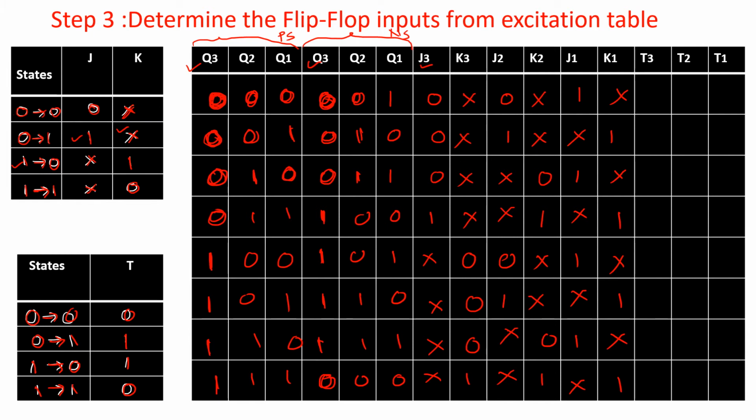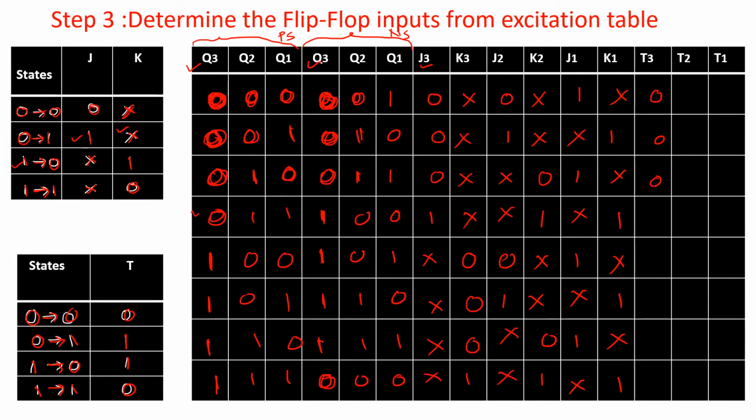Now my present state is 0 and my next state is 0, so T is 0. Present state is 0, next state is 0, then T is 0. Then present state is 0, next state is 0, T is 0.